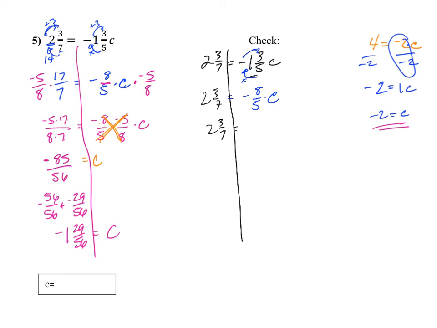Again, we draw that line down the middle so you can keep things organized. Now I'm going to have negative 8/5. And we said that the answer was negative 85/56. So I'm going to plug in for c, negative 85/56. So when I look at this, I've got the negative 8 over 5.